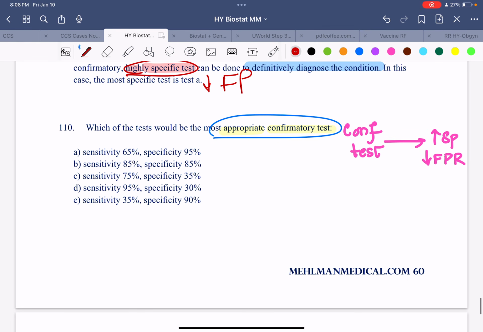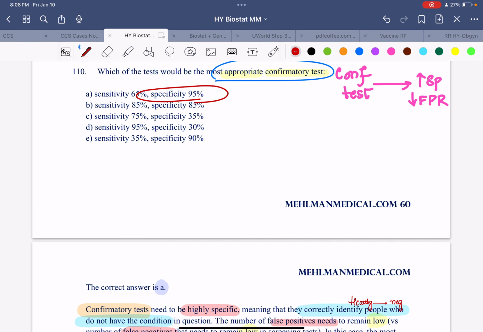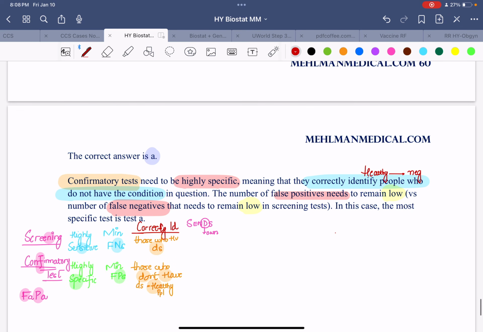Okay, what test would be the appropriate confirmatory test? You can already calculate it because of the formula that we already know: the test with the highest specificity, that is A, would be the appropriate confirmatory test. A confirmatory test should have the highest specificity and the lowest false positive rate. Highly specific means it correctly identifies the people who do not have the condition, so the people who are ruled out are correctly identified, right?